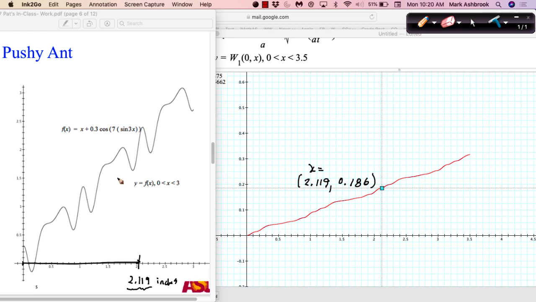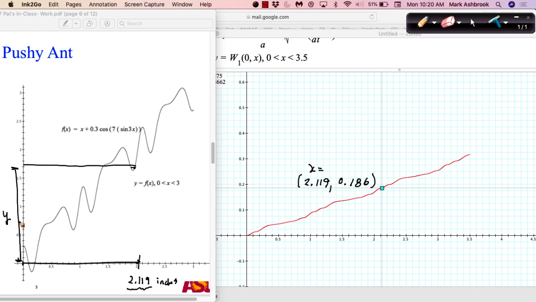Into this one? So this function tells us, so this y value here is how far the ant has walked. You agree with that? So this is truly the path of the ant. You're looking down on the path of the ant. Is this y coordinate how far the ant has walked?